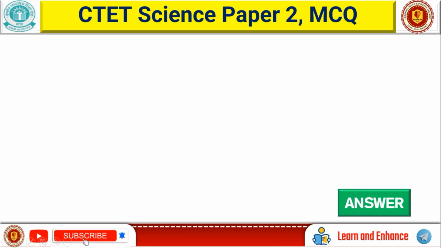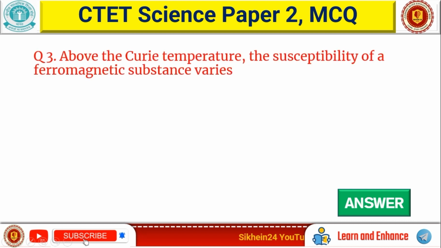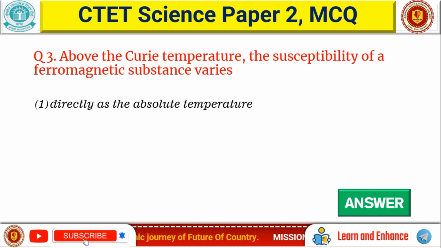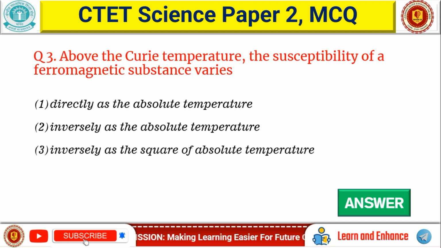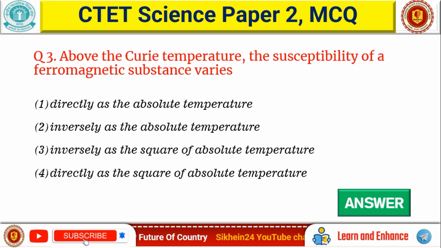So next question on your screen, you can see above the Curie temperature, the susceptibility of ferromagnetic substance varies: first, directly as the absolute temperature, 2, inversely as the absolute temperature, 3, inversely as the square of absolute temperature, 4th, directly as the square of absolute temperature.